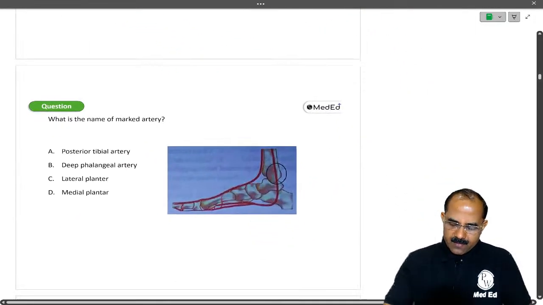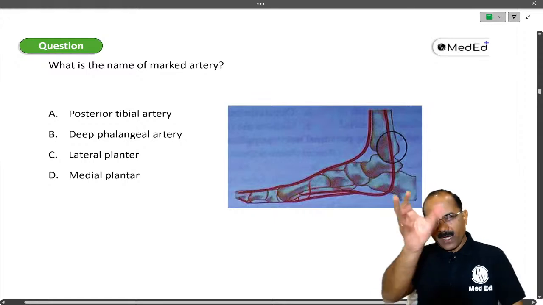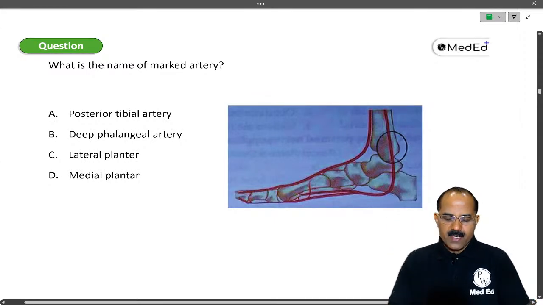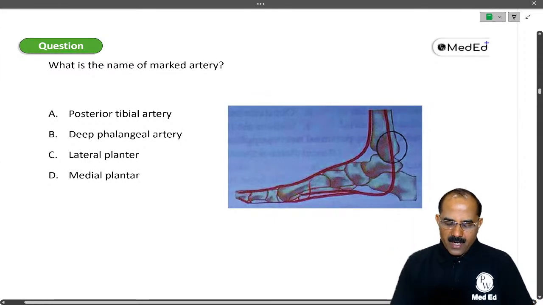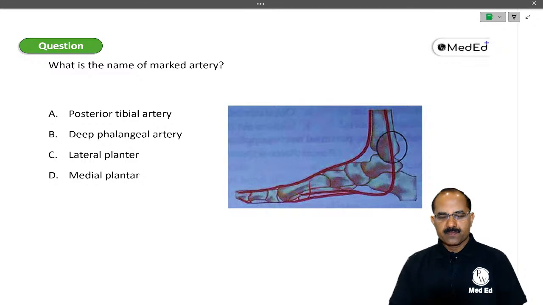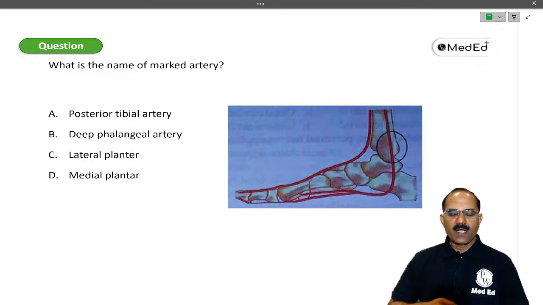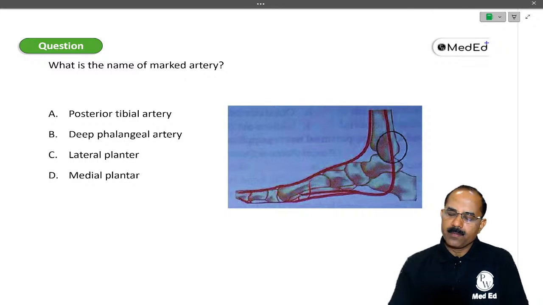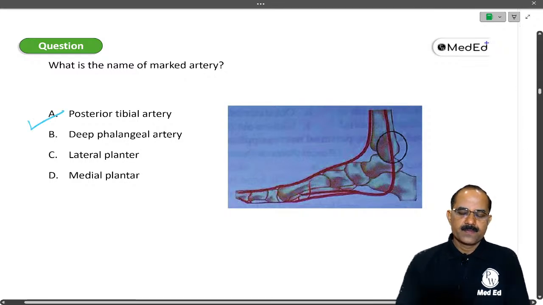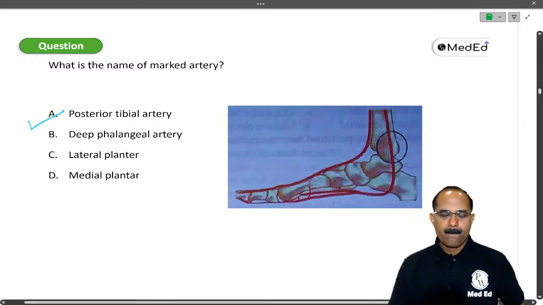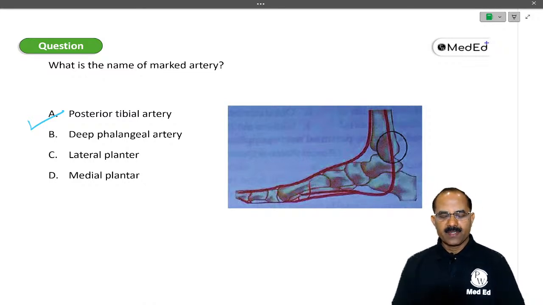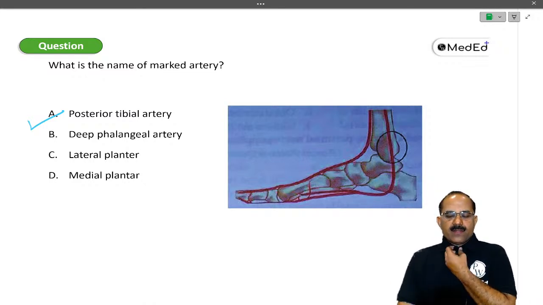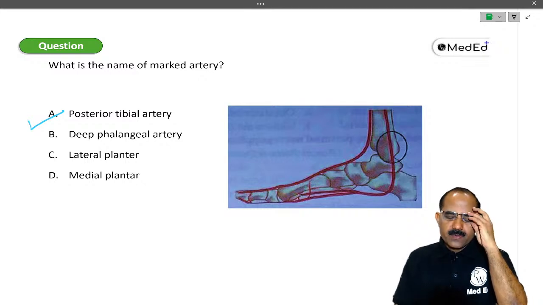चलो, we go to the next MCQ. Same type of MCQ है. Name, what is the name of the marked artery? Any guesses? Same है, like the one before. Answer is posterior tibial. It's the same artery, posterior tibial.